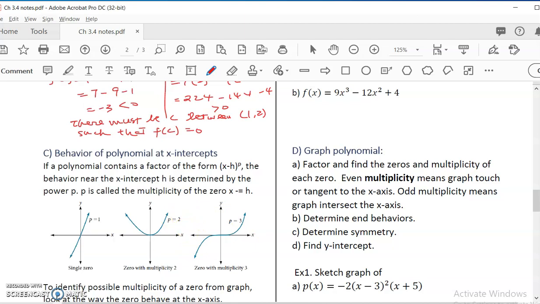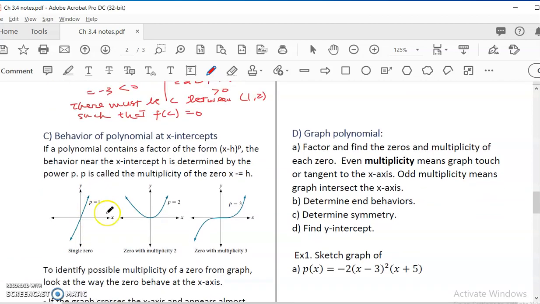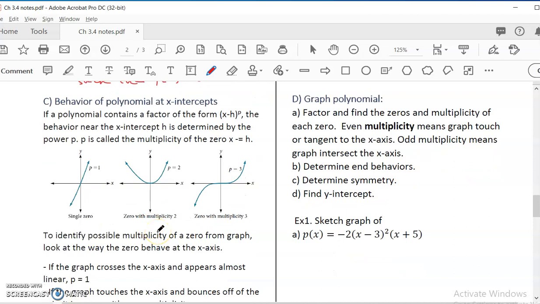When a polynomial function crosses the x-axis, there are roughly three big ways that they cross. One is when they cross the x-intercept in a linear way, kind of like a straight line, very smooth and straight.